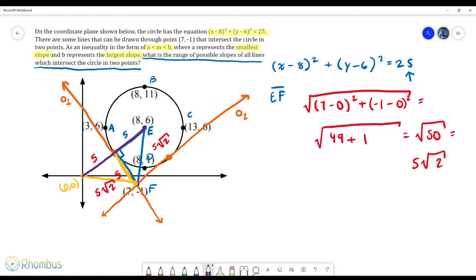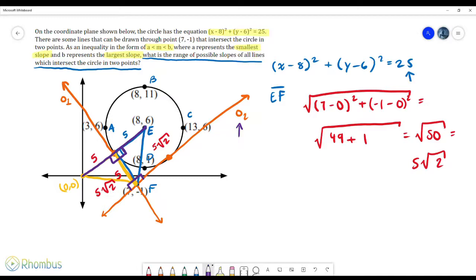Since these 2 points are perpendicular and these 2 points are perpendicular, we can say that it's parallel to O2. Now, because we know it's parallel to O2, that also means that the slope of this purple line is equal to the slope of O2. So let's find out the slope of the purple line. Let's give this point the name G.